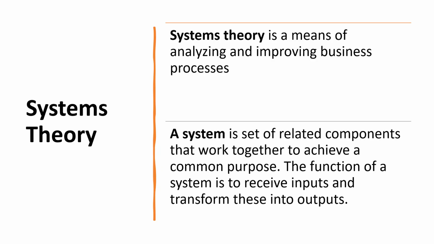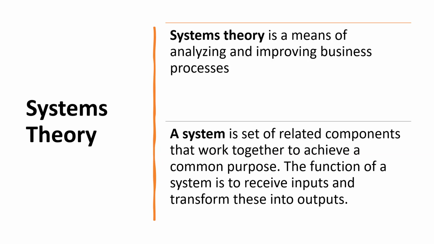So anything that has components that are interrelated and work together to achieve a purpose, we call that a system. In this case, you are not just considering computer systems, you are talking about anything in this world that is made up of components. They work together to achieve a certain purpose.